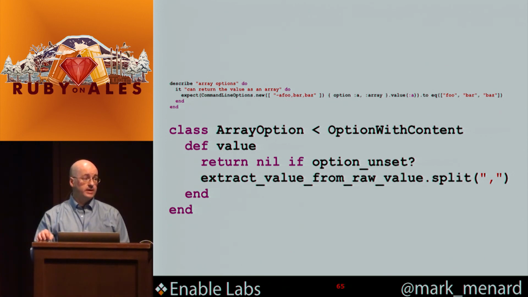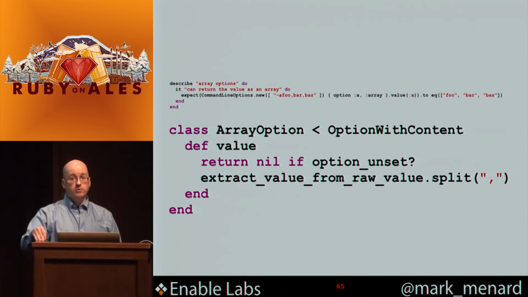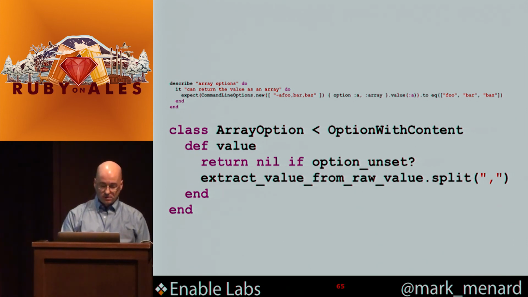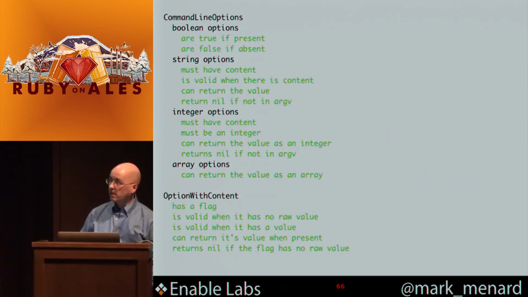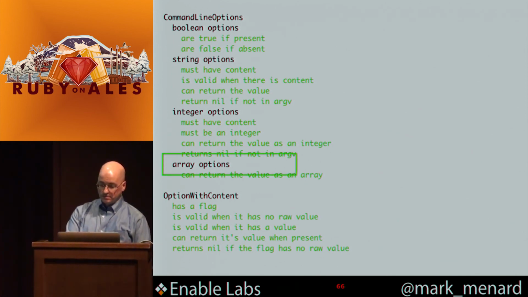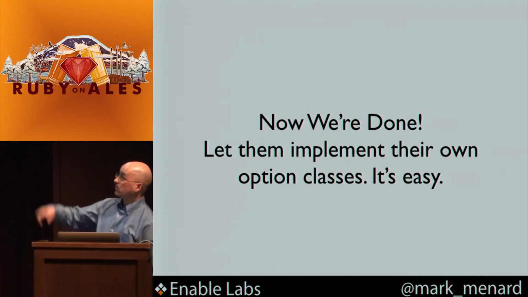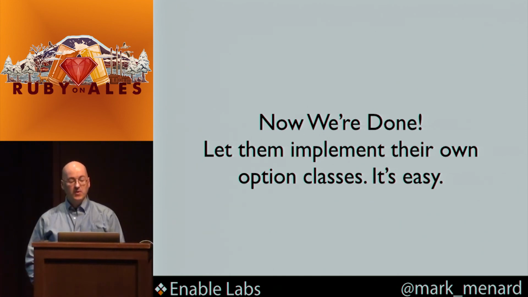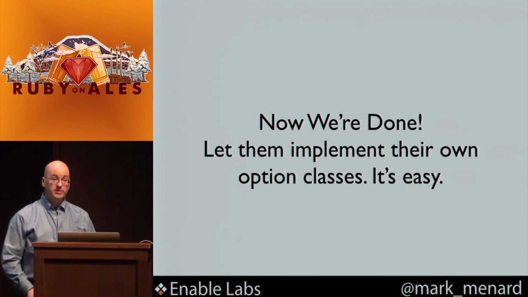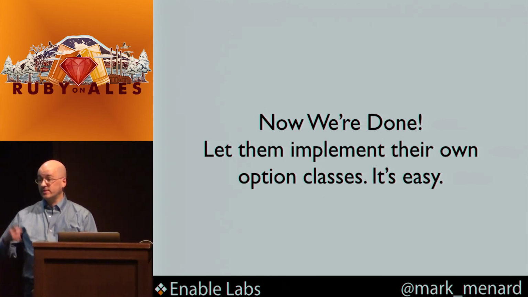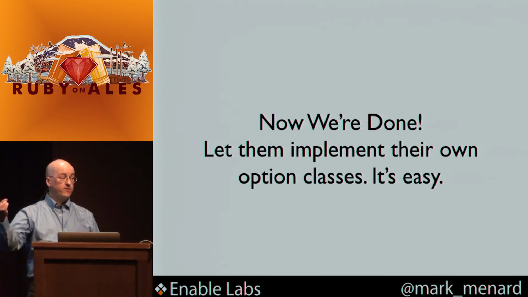That command line options class is closed to change, but it's still amenable to future needs and requirements because we have divorced it from concrete implementation dependency. And it just works. Now we're done. If they want more options, let them implement the option classes, because now it's easy. They need a valid method and a value method.